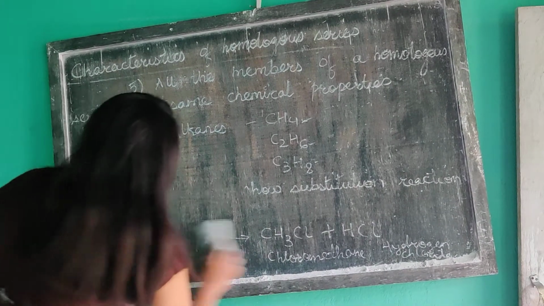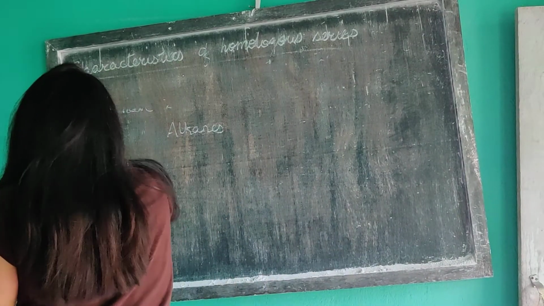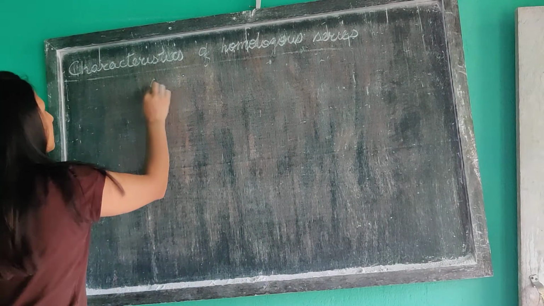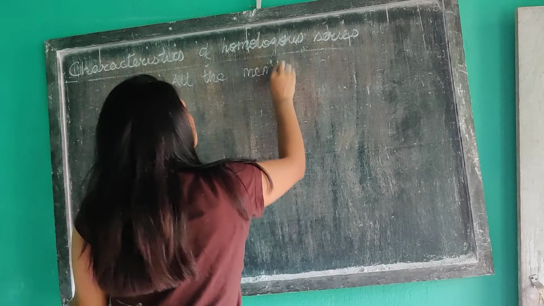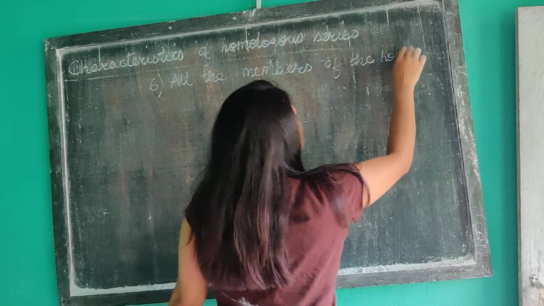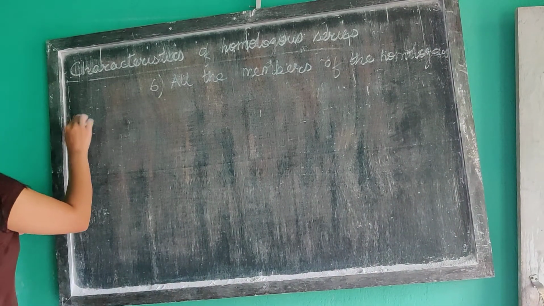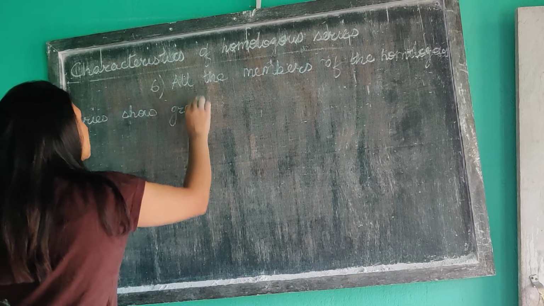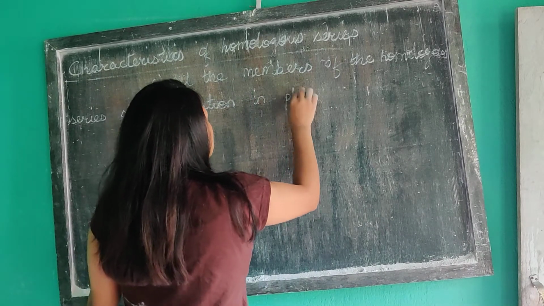Now the last characteristic of homologous series, the sixth one, is that all the members of the homologous series show gradation in physical properties.